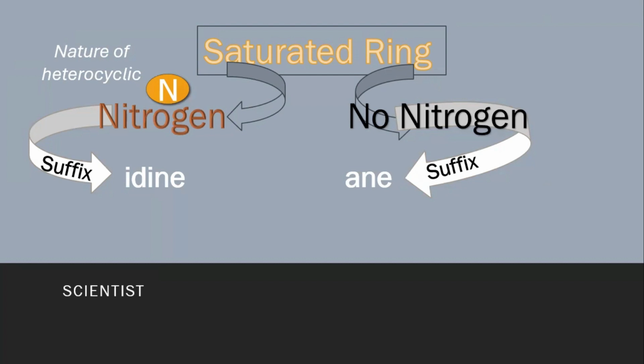First, does it contain nitrogen? If it contains nitrogen, then we use the suffix idine. If it doesn't contain nitrogen, then we use ane. We will learn about these in more detail further on.